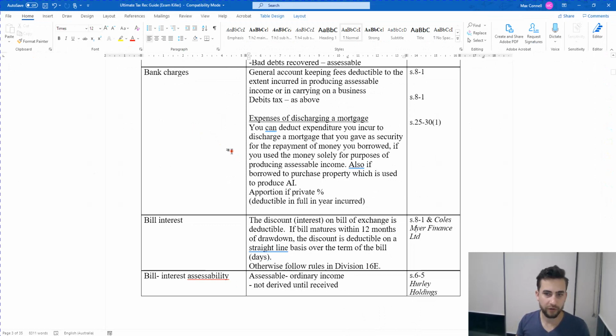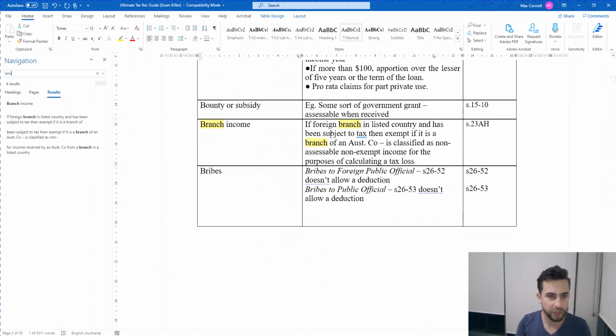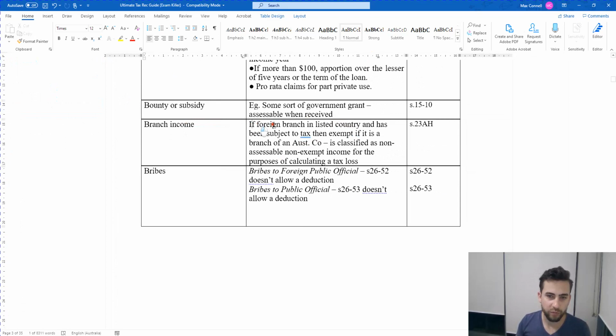If you didn't know that, the alternative is you could do a Control F for branch income. See down here, branch income. If a foreign branch is in a listed country and has been subject to tax, then exempt if it is a branch of an Australian company. It is classified as non-assessable, non-exempt income for the purposes of calculating a tax loss, section 23AH.